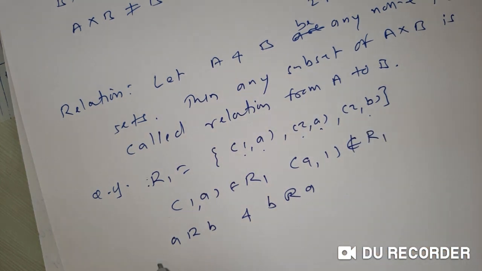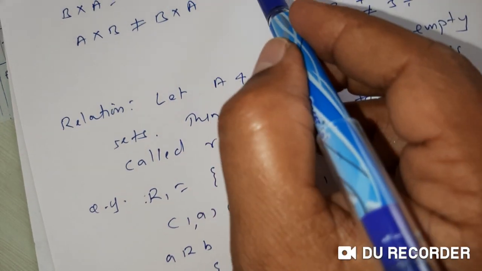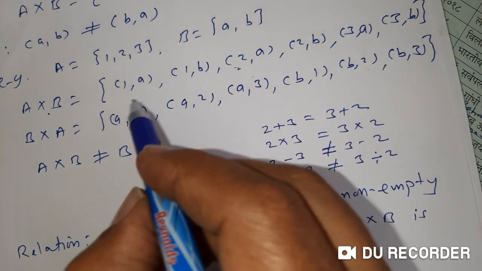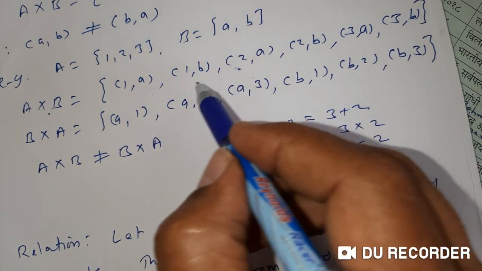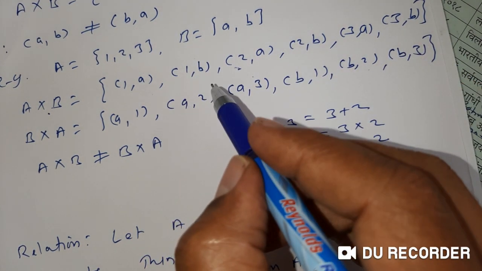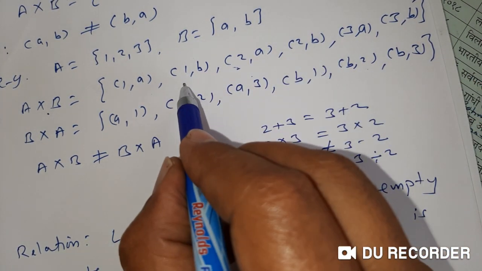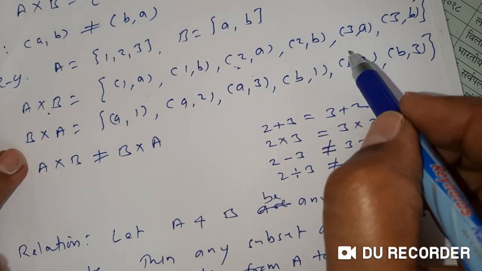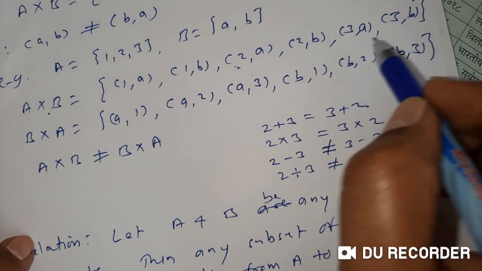Okay. So similarly, we can take R2, another relation, that is, take any subset of this A cross B. By using the definition of subset, we take any 2 elements, 3 elements, or 1 element from these 6 elements.